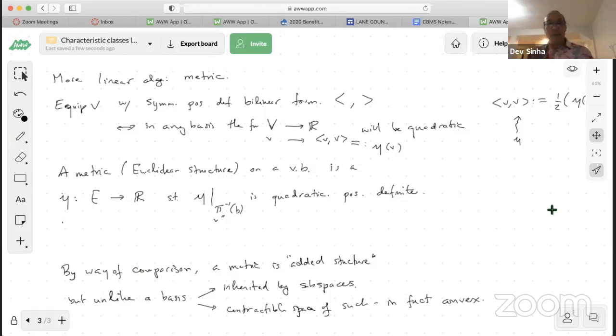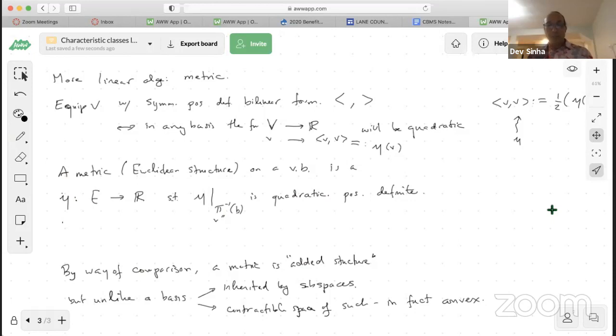And then, because you're doing those all together, the values will be convex linear combinations of values. And if you got two positive numbers, a convex linear combination of two positive numbers is positive.